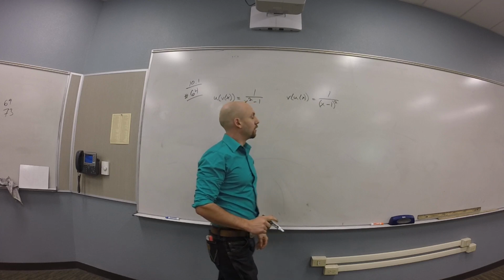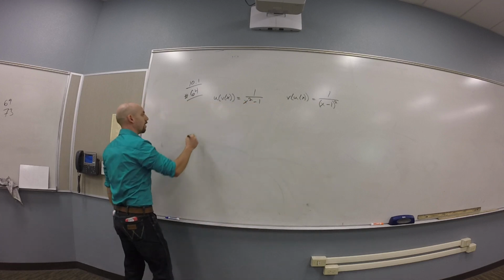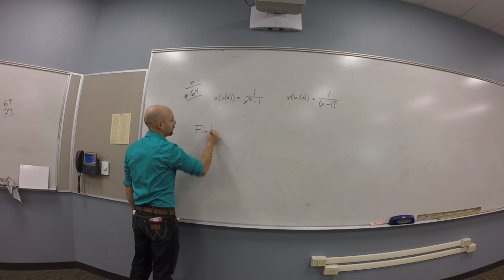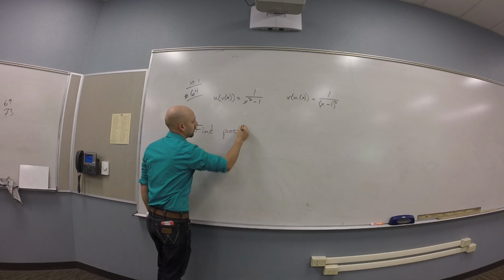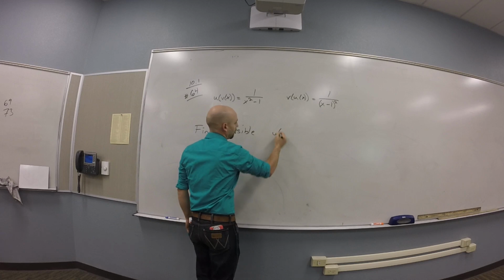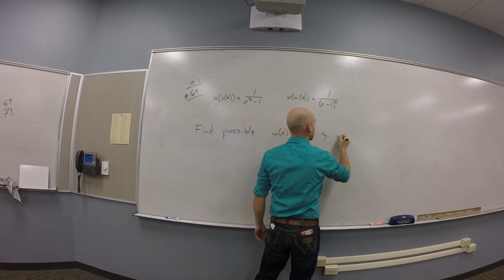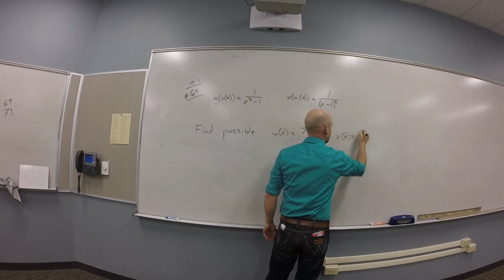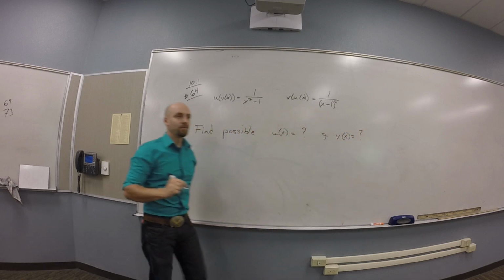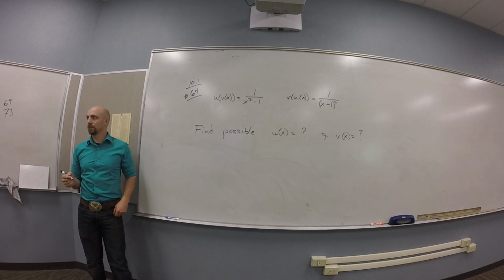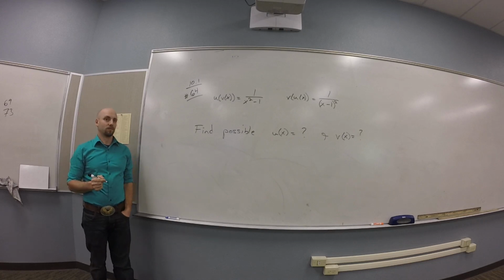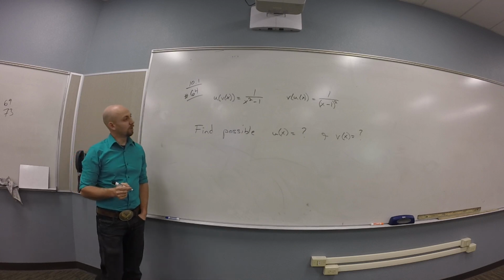So the questions they're asking for are find possible u of x is stuff and v of x is stuff. Like find some formulas that might work for this. You guys all kind of with me on this? Okay.